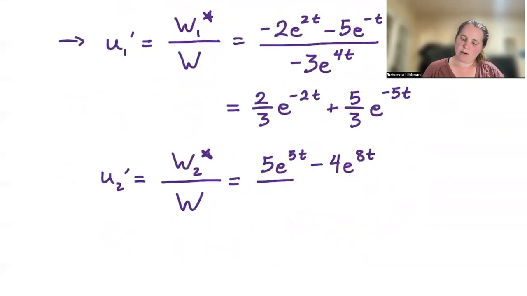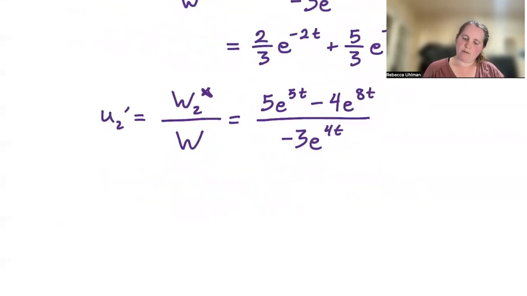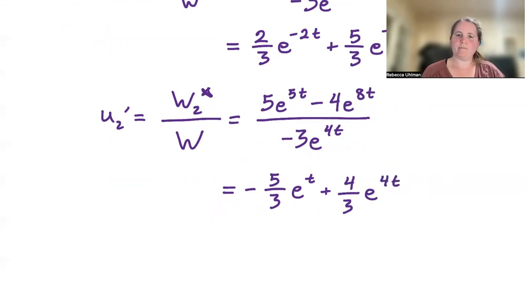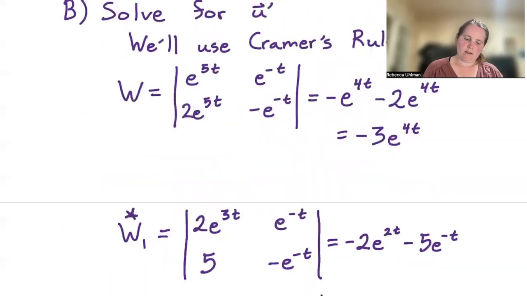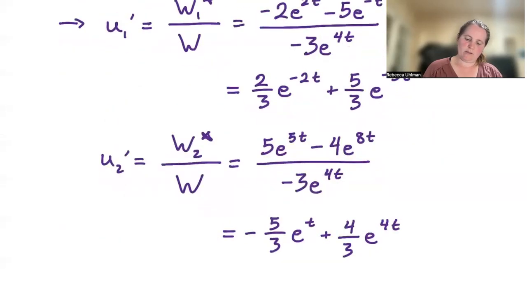We divide that by our W, which was negative 3e to the 4t. So we have U2 prime is negative 5/3 e to the t plus 4/3 e to the 4t. Our next step is to solve for U.